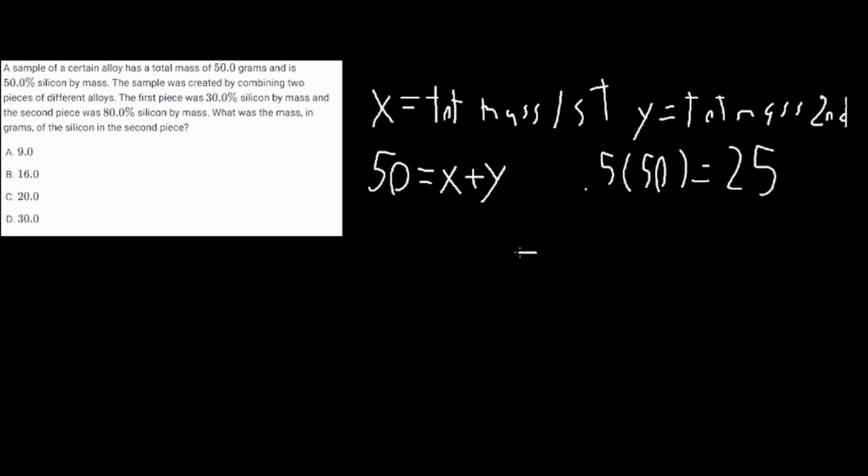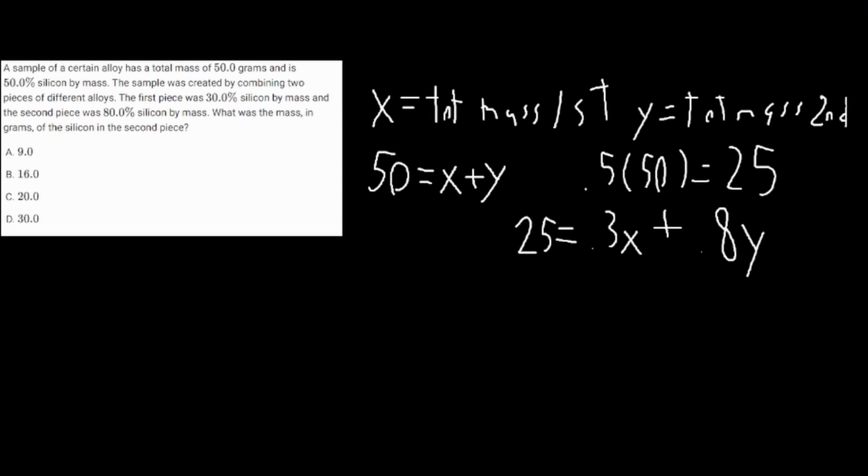So we can take 25 and set it equal to the total mass of x multiplied by its percentage of silicon by mass. So we get 0.3x plus the mass of the second piece multiplied by its percent silicon by mass. So that equals plus 0.8y.